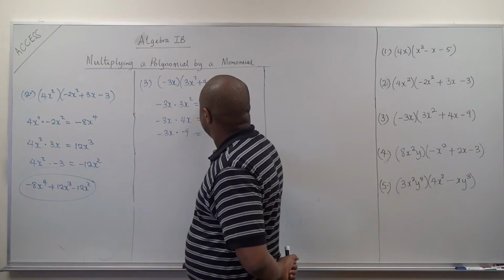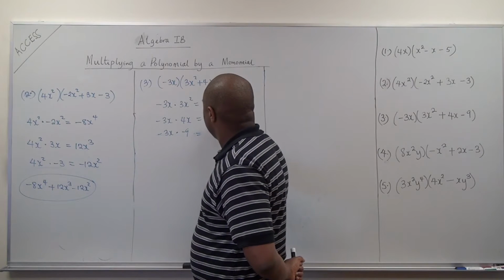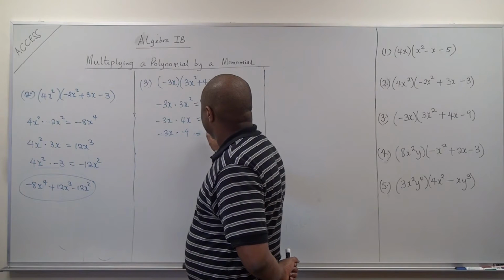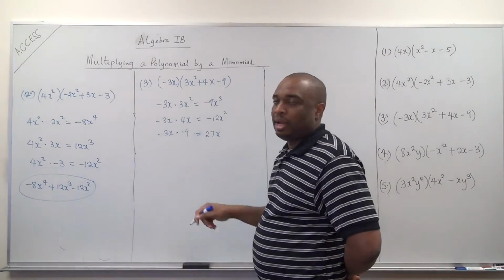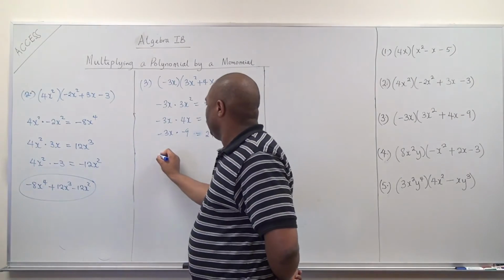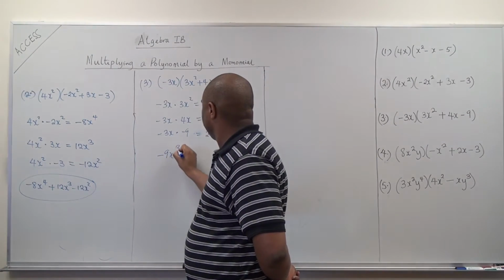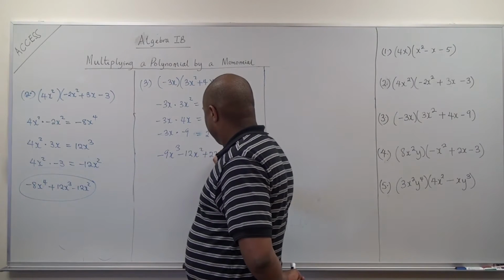And this will give us what? Negative 9x cubed. This will give us negative 12x squared. And this will give us 27x. So that when we now join as is, it will be negative 9x cubed minus 12x squared plus 27x.